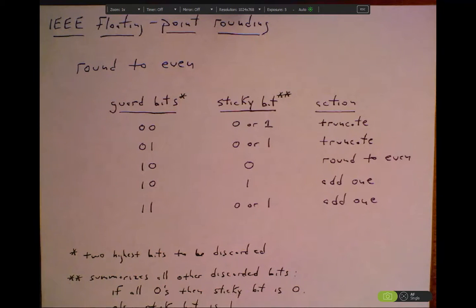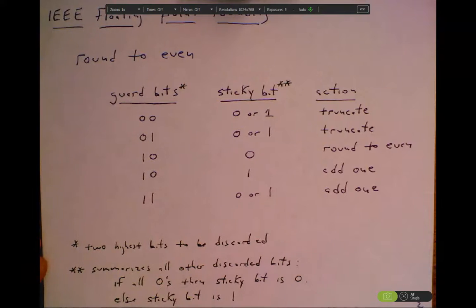And then we also need to think about something that is called the sticky bit. The sticky bit summarizes all other discarded bits. If all other bits, in other words, bit positions 26 and higher, are all zeros, then the sticky bit is 0. I should be careful. I'm talking about bit position, but I didn't really mean that.